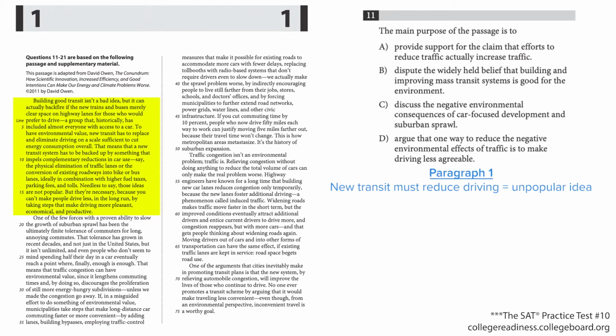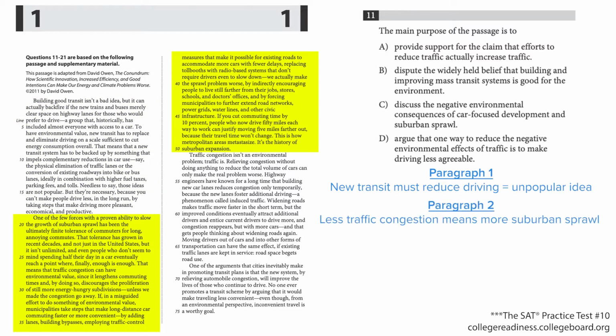So paragraph 1, my annotation would be new transit must reduce driving equals unpopular idea. That's the gist of paragraph 1. For paragraph 2, I would write less traffic congestion means more suburban sprawl.